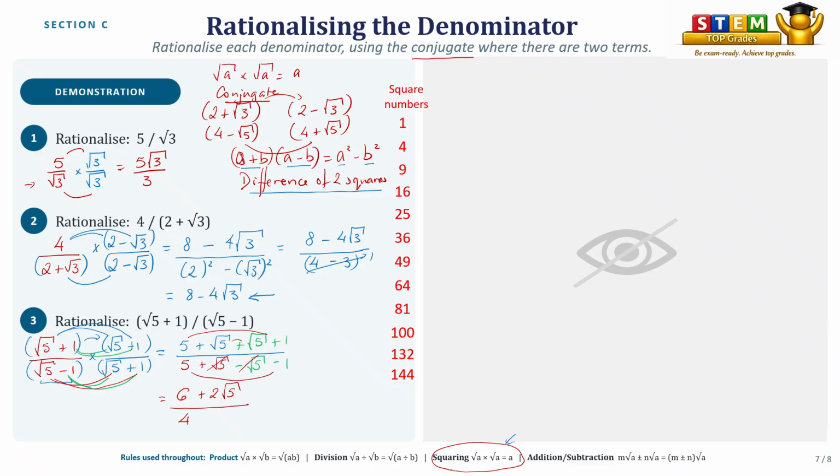You can say that this is the answer, or you can factorize here: 2 multiplied by 3 plus root 5, and then you've got 4 over here. So 2 and 4 have got 2 in common. 2 into 2 is 1, 2 into 4 is 2. So the simplest form of this answer is 3 plus root 5 over 2.